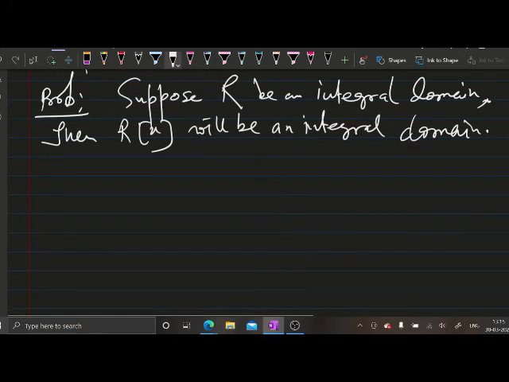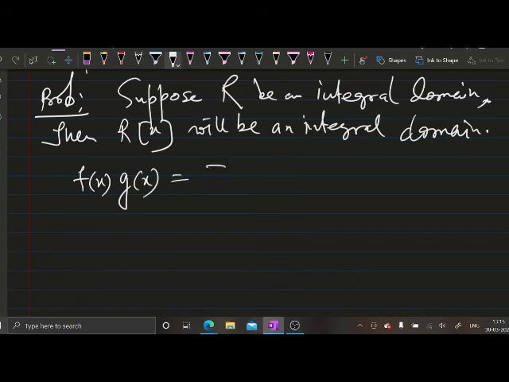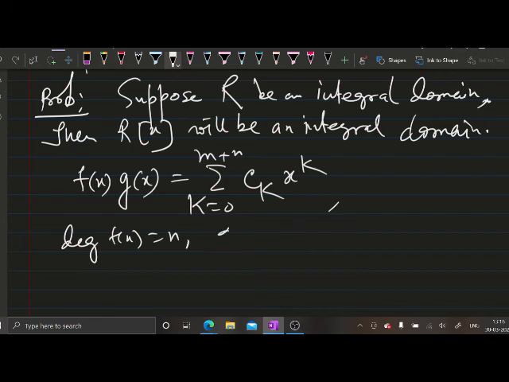Because suppose you take two polynomials, f(x) and g(x), and you multiply them. Then it would be the sum of c_k x^k, k equals 0 to m plus n, where the degree of f(x) is n and the degree of g(x) is m.